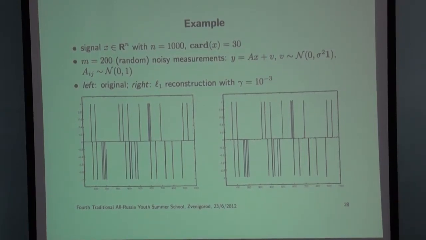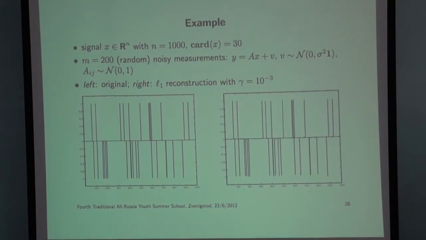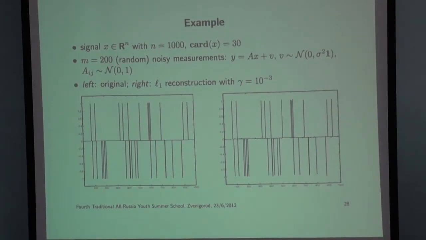Will the accuracy depend on your knowledge of the nature of V? No, not very much. In fact, the sigma is part of the gamma, so this would work for any value of sigma. You just take a different value of gamma.